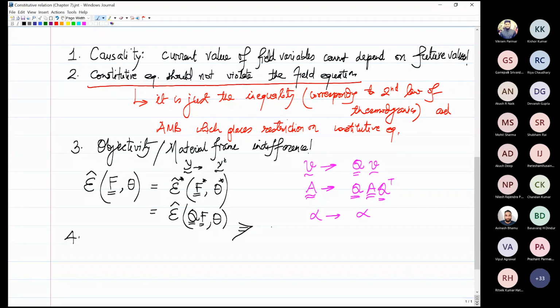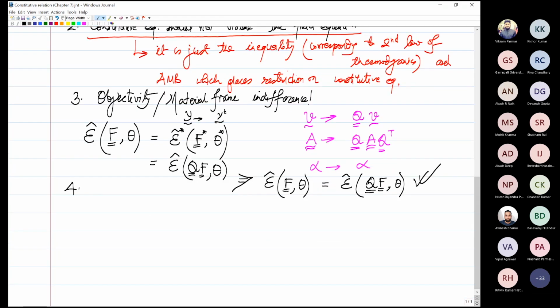So objectivity simply tells us that the constitutive function for internal energy must be such that epsilon hat of F comma theta is equal to epsilon hat of QF comma theta.